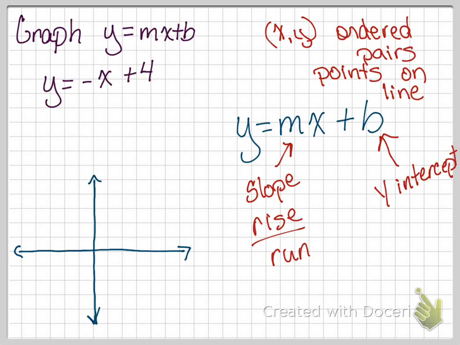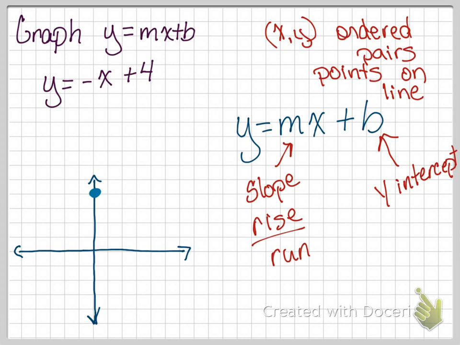My intercept is the constant. It's the number that is not with my x. Okay? It's the number that stands alone. It's the constant. So I'm going to put, there's my y-intercept right there. It's where I cross the y-axis.